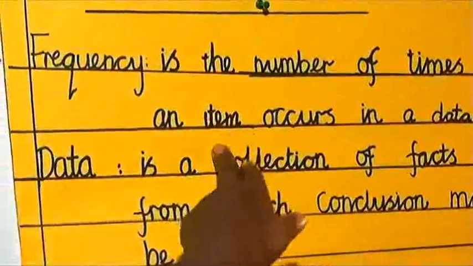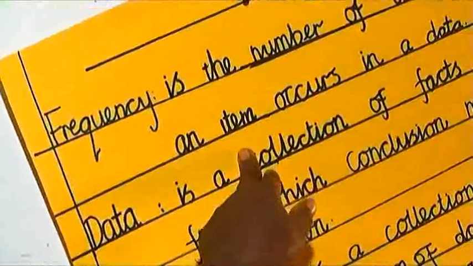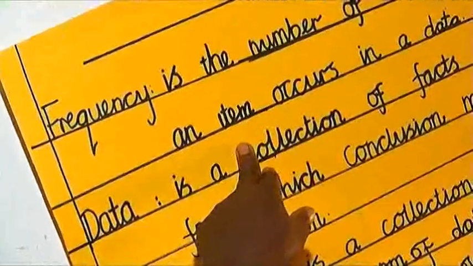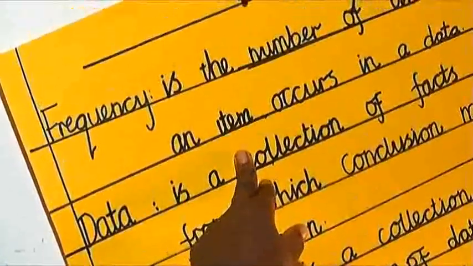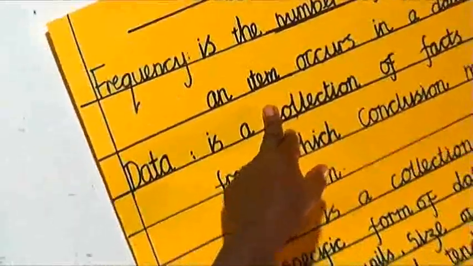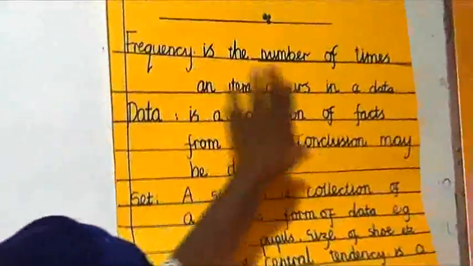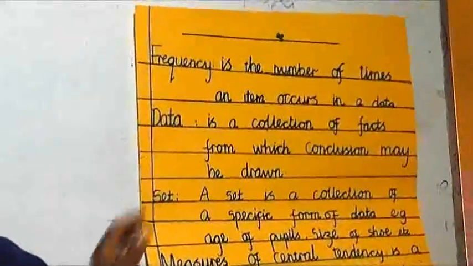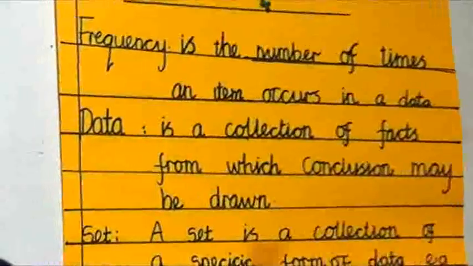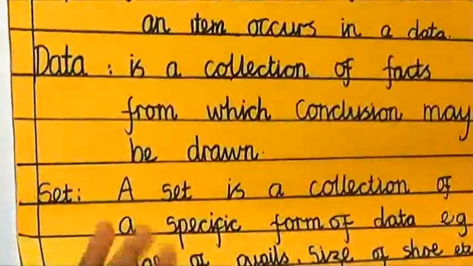Now, this item can be a number, it can be an alphabet, it can be anything that we use to represent a data. So frequency is the number of times an item occurs in a data. Now, what is the meaning of data itself? Data is a collection of facts from which conclusions may be drawn.